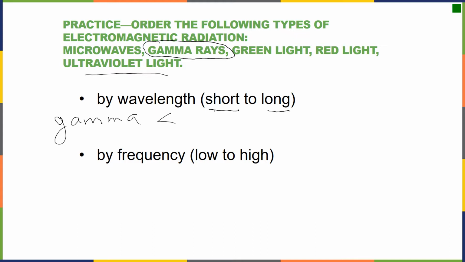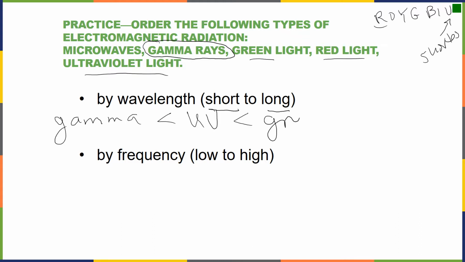So our gamma is shorter than our ultraviolet. If we look at green and red, we know that we have this Roy G Biv, and this is the shortest. So red here is going to be longer than our green, so our green is next, and then our red. And once we have done all of that, we have a microwave.